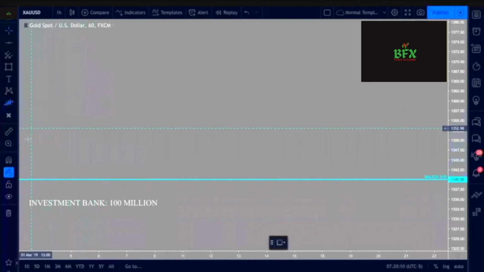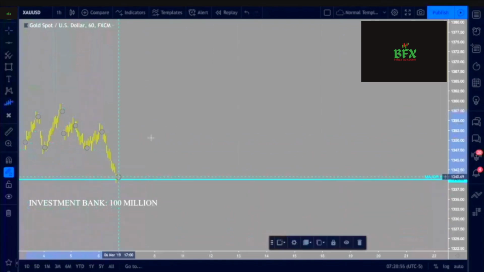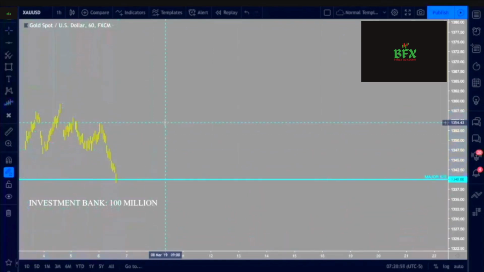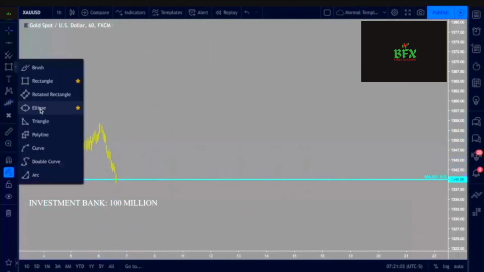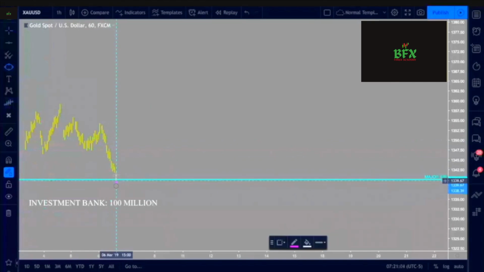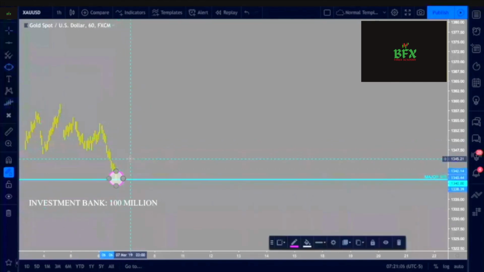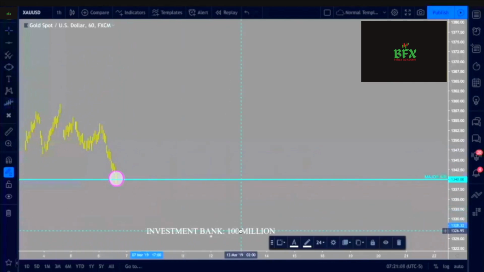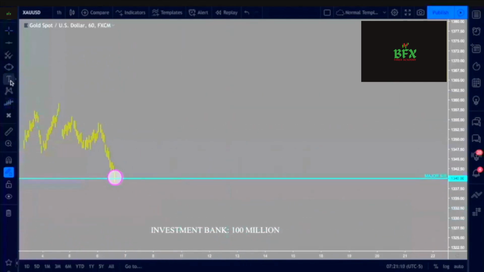So the way this works is price will be moving along here in the market, and then it'll reach the 1340 level. And when price reaches the 1340 level right here, part of this order is going to get filled. So let's say overall they want to fill 100 million right here.